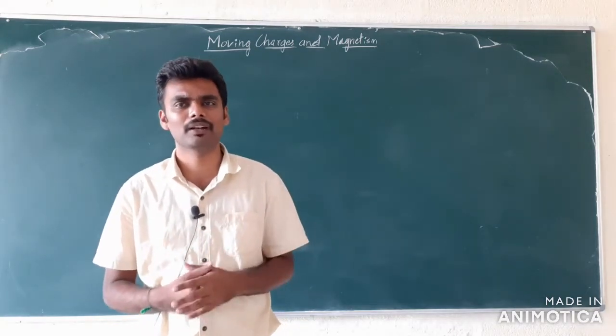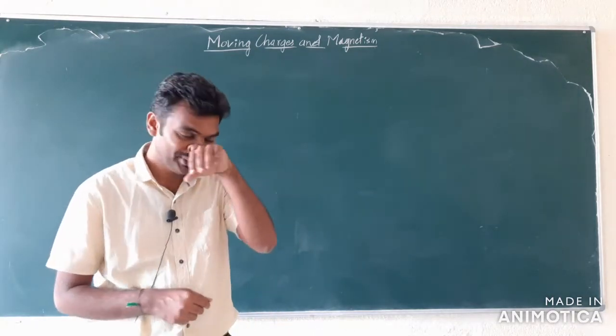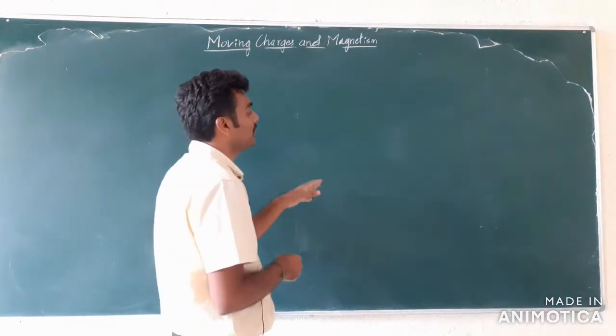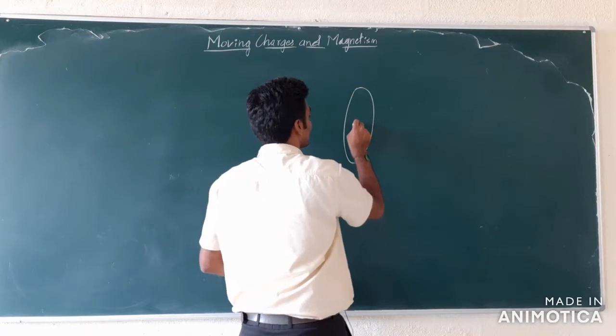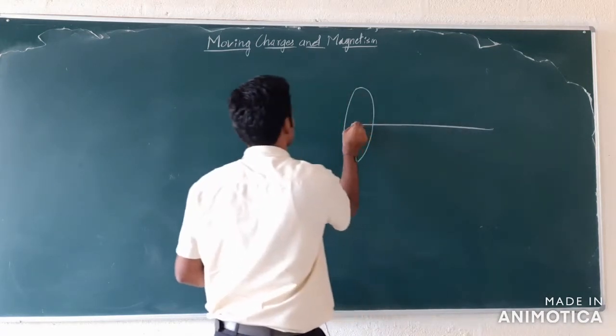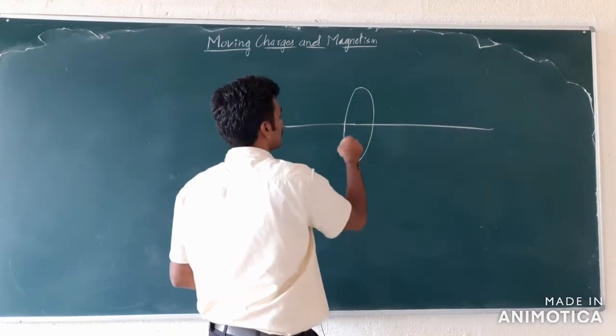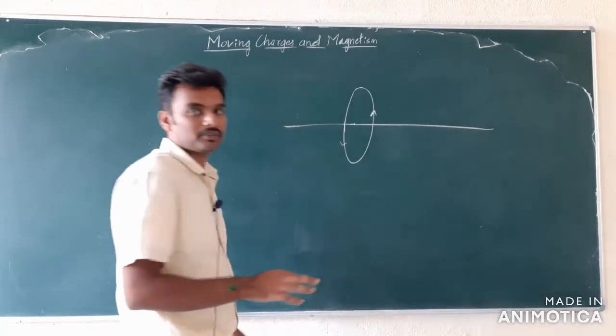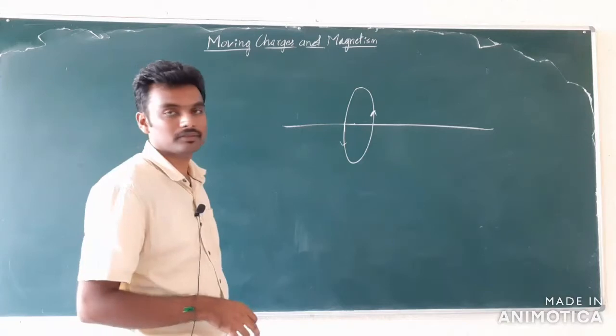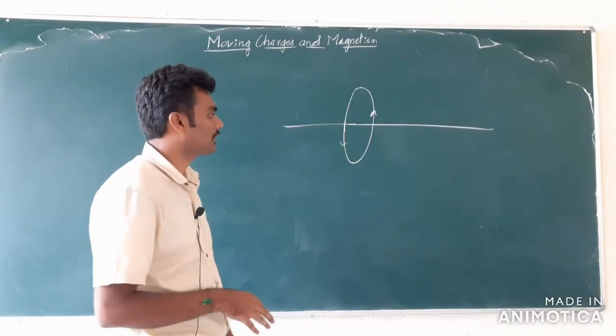So, in the same way now, we shall try to express the magnetic field on a current carrying conductor or current carrying loop like this. We already have the expression for this, right? We have derived it, one important expression.